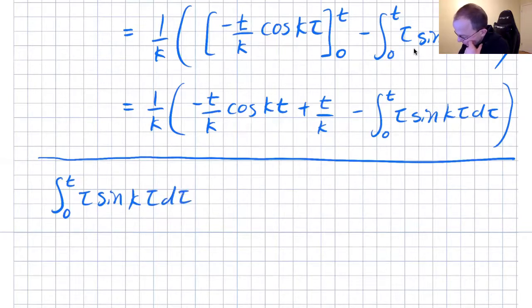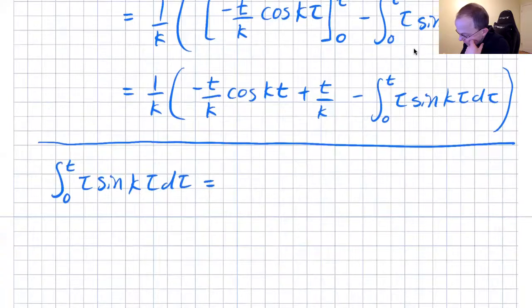d tau. So integration by parts, I'm going to want to take the derivative of this. So first thing, I need to integrate this term. So it'll be tau, and then the integral of that will be cosine k tau, and then as we just saw, we need a minus 1 over k. That will be the integral of that.